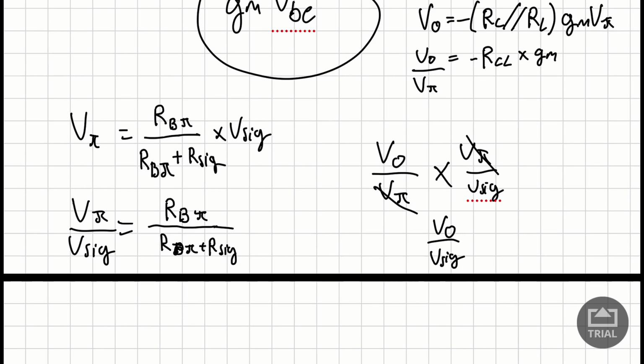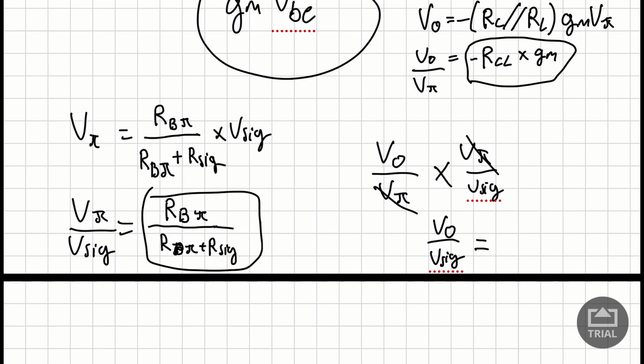So that is going to actually be our answer. This expression and this expression are just going to be put over each other. So RCL multiplied by GM is going to be over RB pi over RB pi plus R sig, whatever this expression is over here.